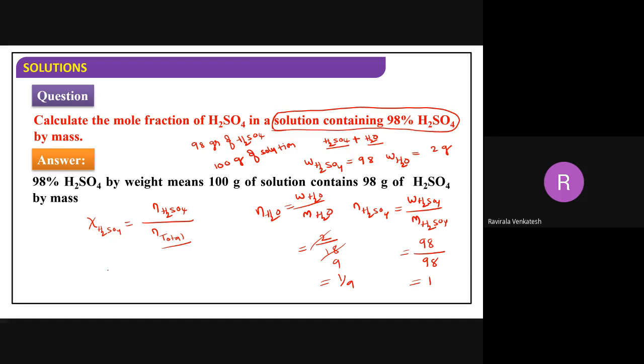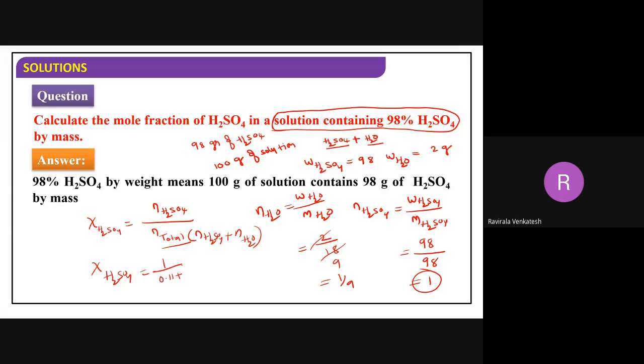Now, mole fraction of H2SO4 is equal to number of moles of H2SO4, which we got as 1, divided by the total number of moles, that is number of moles of H2SO4 plus number of moles of water. Number of moles of water we got as 1 by 9, which is 0.11.